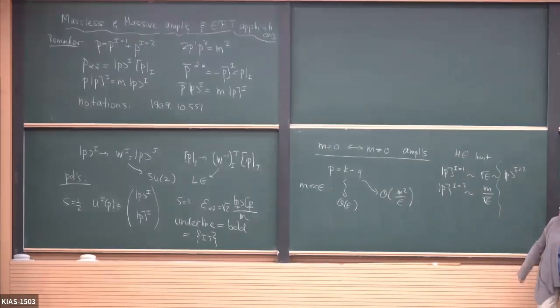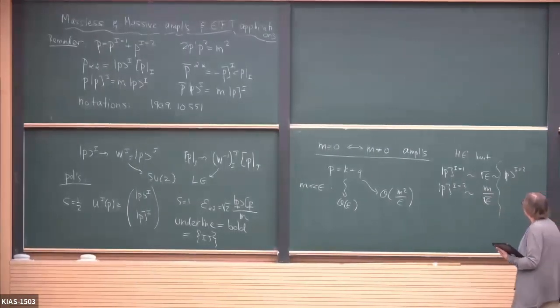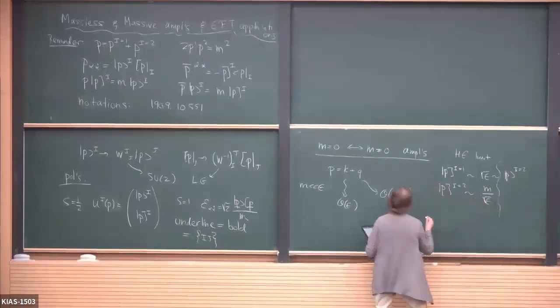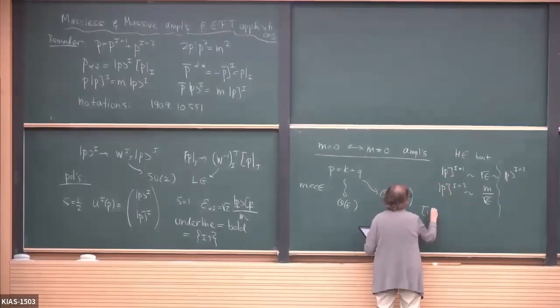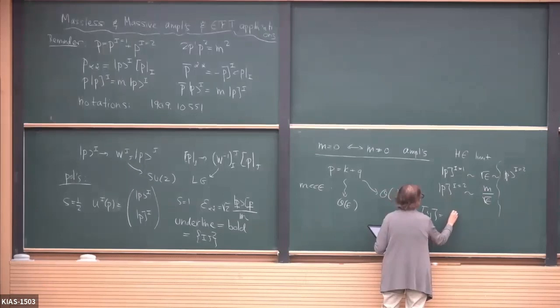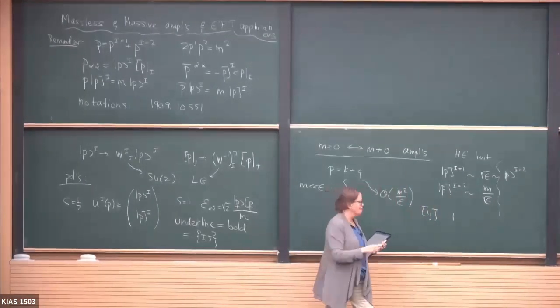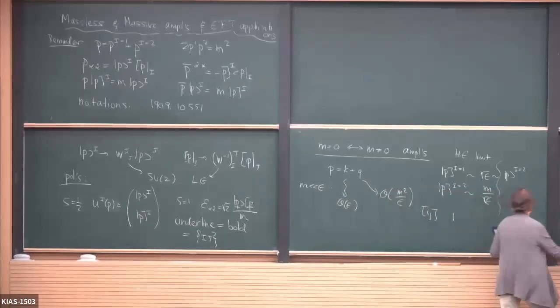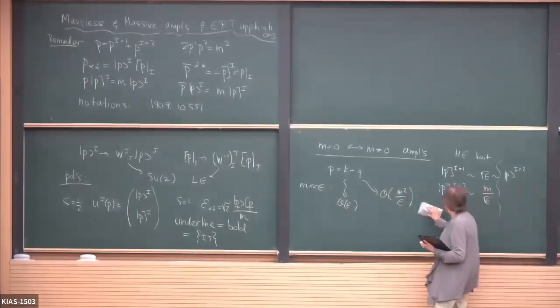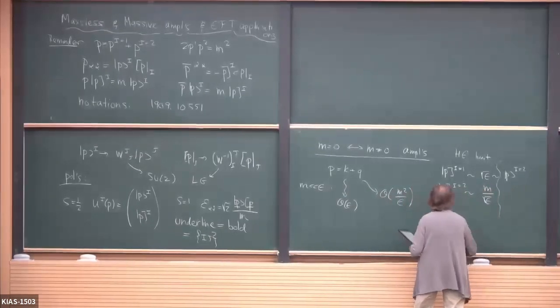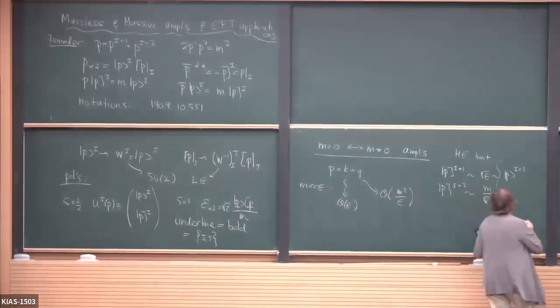Yes, remember, the bracket IJ is dimension 1. Okay, so a spinor is 1/2. Yeah, thanks. It takes some getting used to.